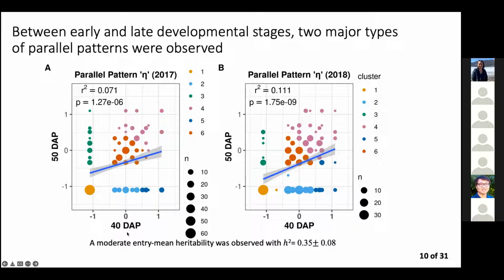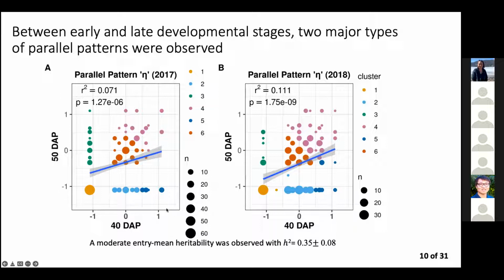For example, at 40 days after planting, in the bottom part at 2017, some genotypes exhibit 100%, so all the plants exhibit the same canopy orientation. But at 50 days after planting, they just switch to completely random orientation.